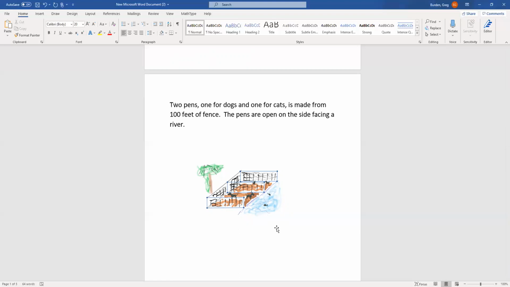If you're trying to find a rectangle that has the largest area possible where we're not necessarily covering all the sides, or possibly we're covering all the sides, but we're also partitioning it in some way, it turns out that in general, half of the available fencing will be used going one way, and the other half will be used going the other way, perpendicular to that.